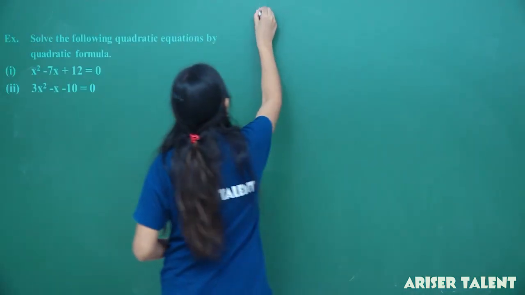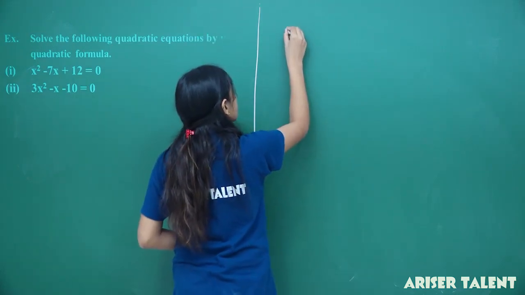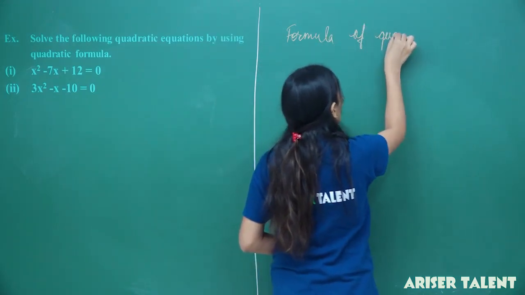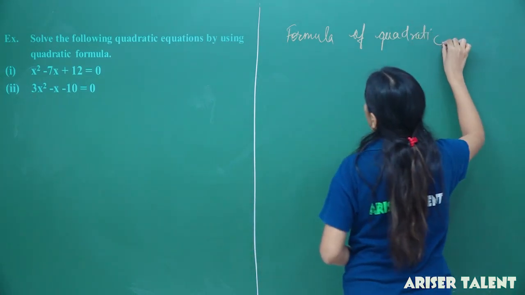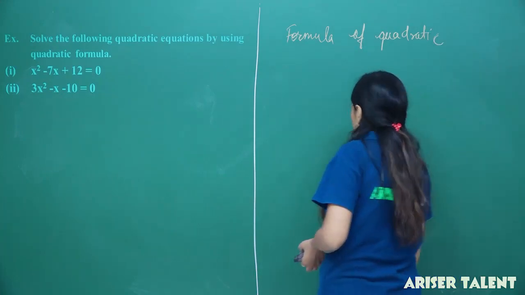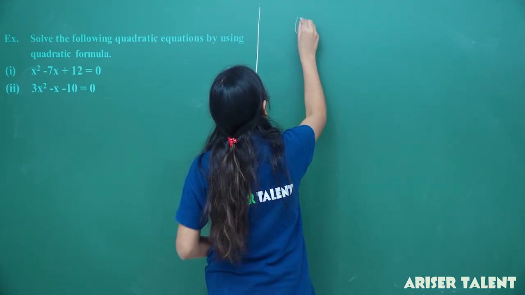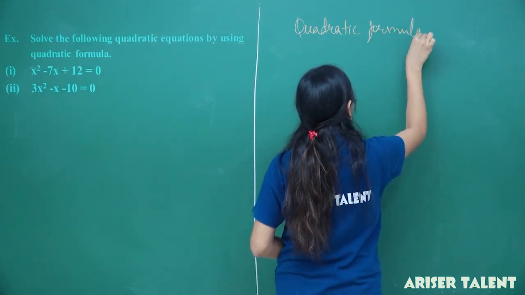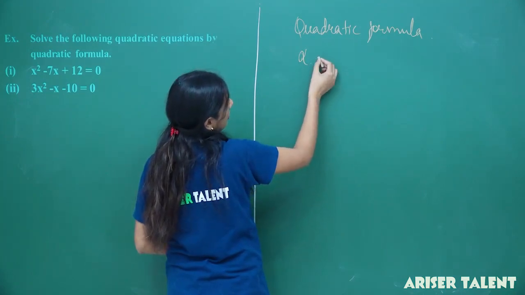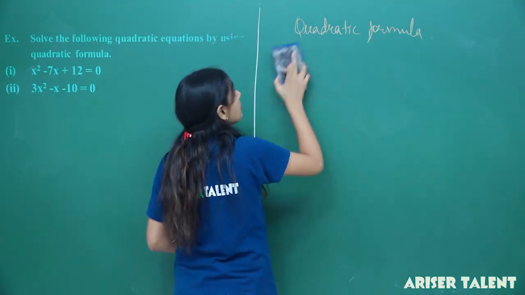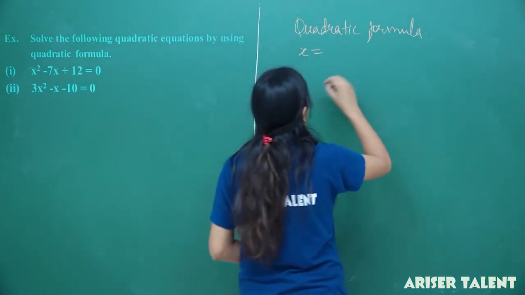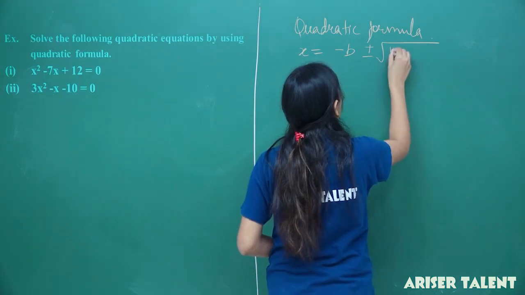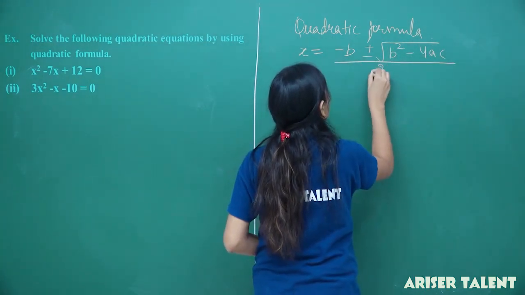So we will have the quadratic formula: alpha equals to, or I can write just x equals to, minus b plus minus root b square minus 4ac upon 2a.